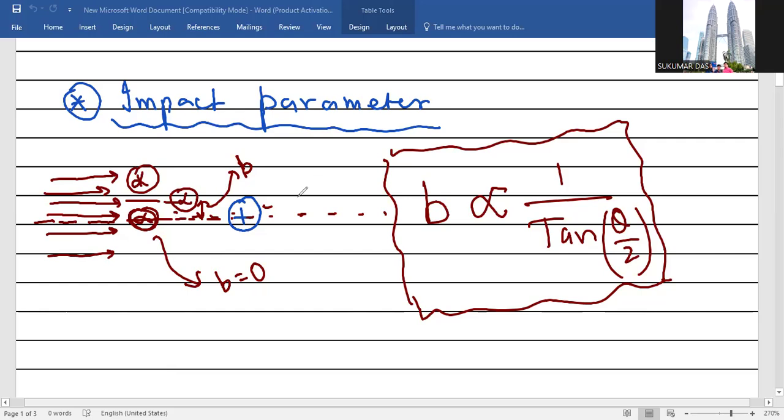One thing to see: if impact parameter is less, scattering will be more. It simply shows that if B increases, theta will decrease. So the alpha particle which is at a very large impact parameter will simply go undeviated. It will not scatter at all.